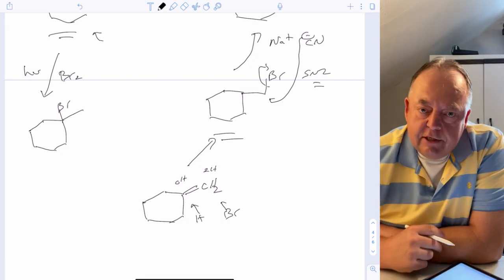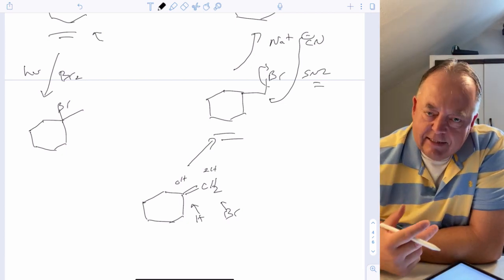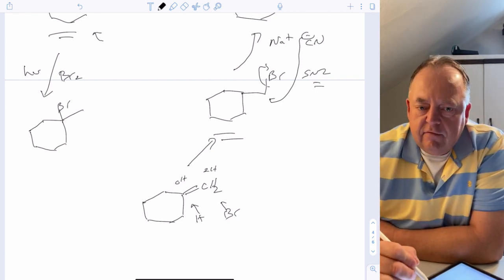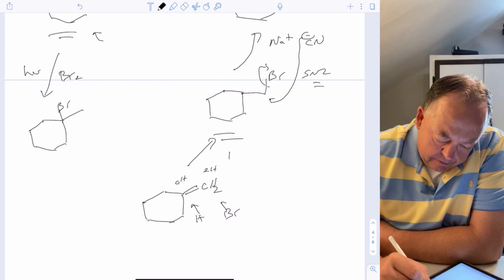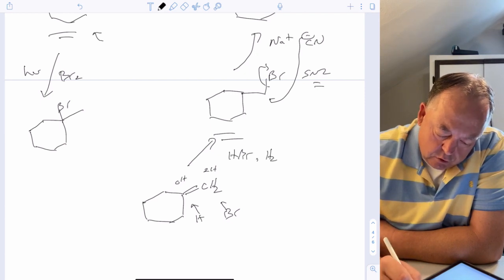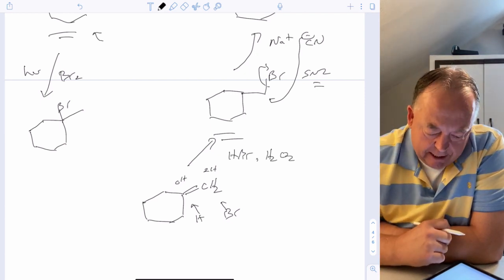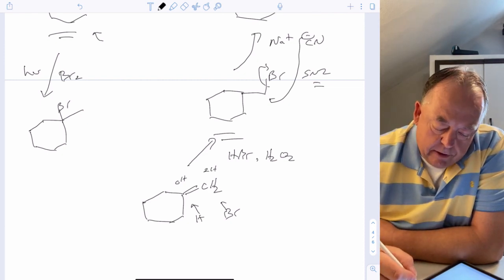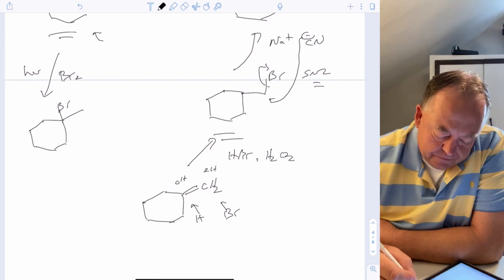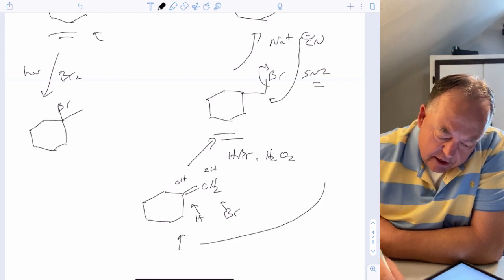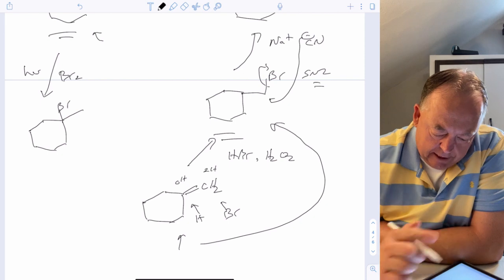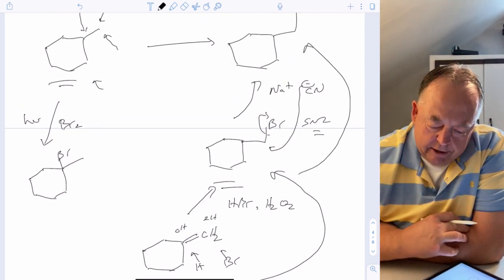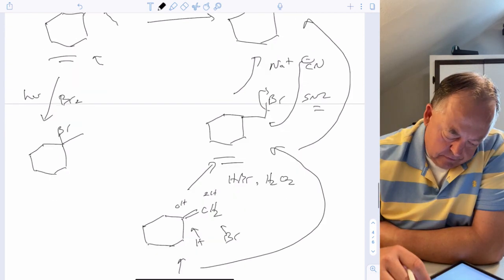So if you want to put the hydrogen on the carbon with the least number of hydrogens, that's anti-Markovnikov. So what's your recipe for doing an anti-Markovnikov addition of HBr? It would be to use HBr and H2O2. Right, that would do an anti-Markovnikov addition. Put H on the carbon with the least number of hydrogens and bromine on the carbon with the most number of hydrogens. So if you had this alkene, you could make that. And if you have that, then you can make this, right, using different reagents.